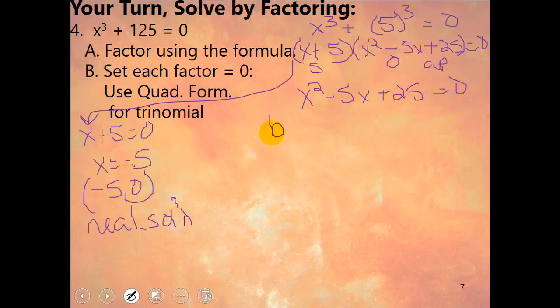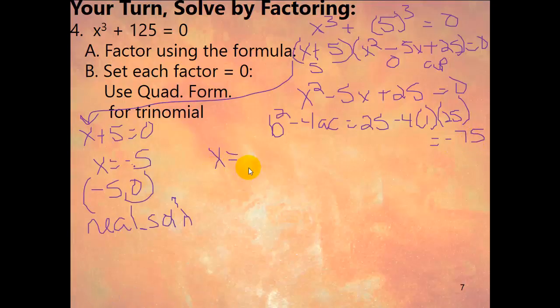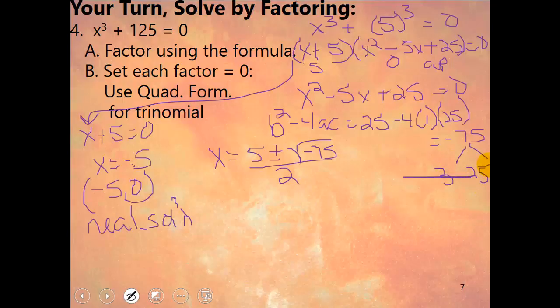I'm going to start by finding b squared minus 4ac, and that's going to give me 25 minus 4 times 1 times 25. So I get that equals -75. So I get x equals negative b, so that's 5 plus or minus root -75 over 2 times 1, that's 2. Now I'm going to simplify this. I know the i comes out, and this is 3 and 25.